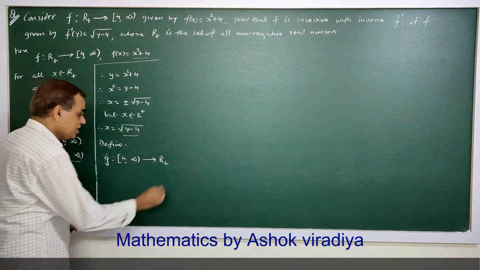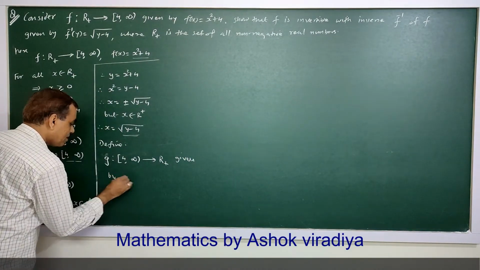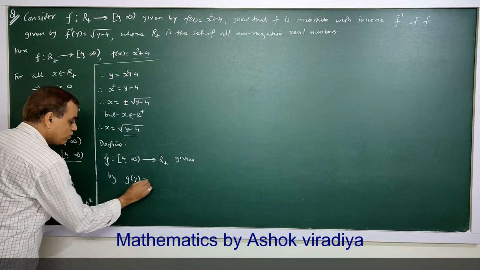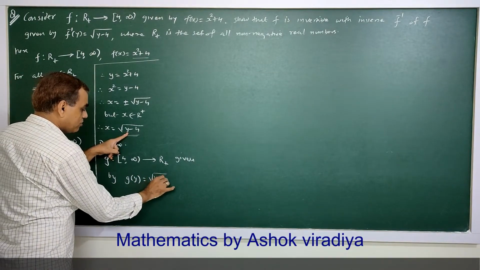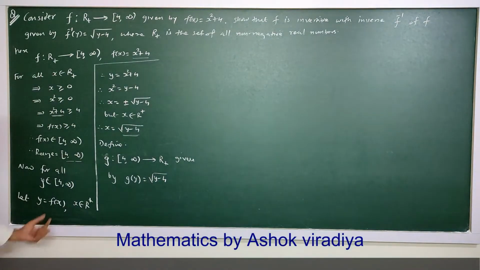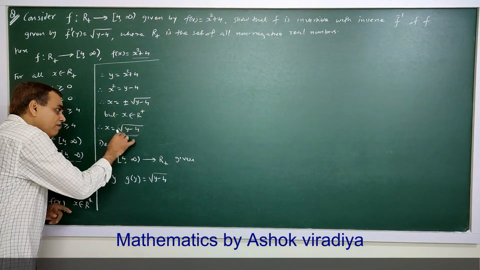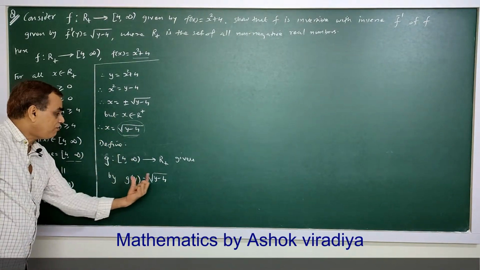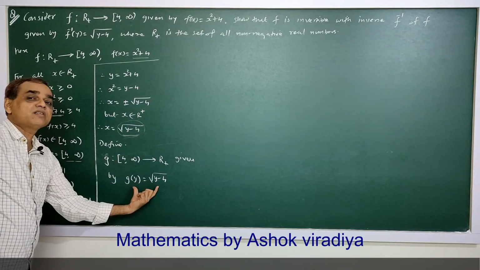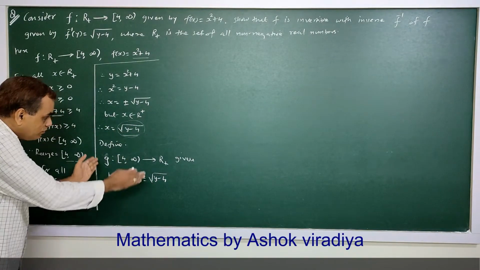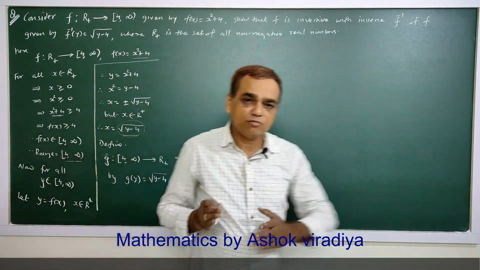And the formula for g is given by g of y equal to square root of y minus 4. From y equal to f(x), whatever is the value of x gives g of y. This value determines the formula for g. So this is a new function g from B to A.